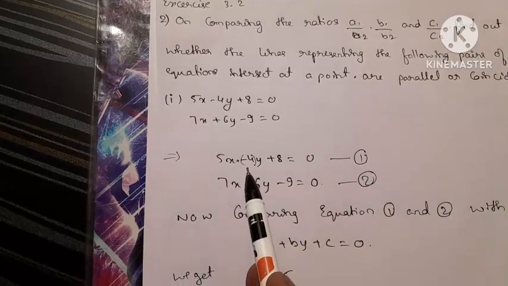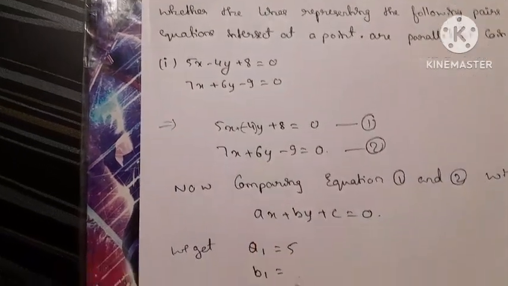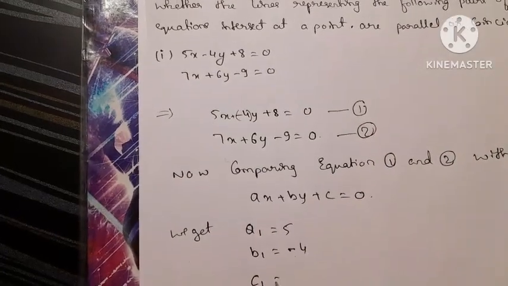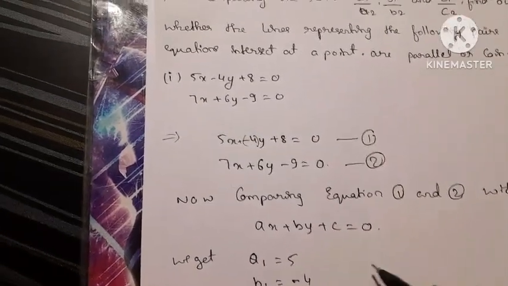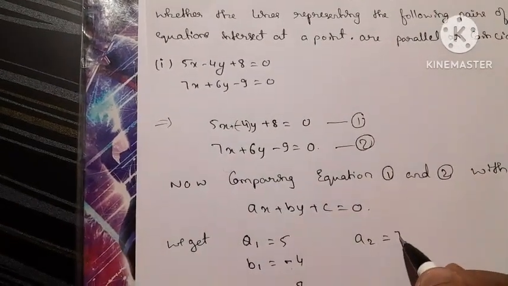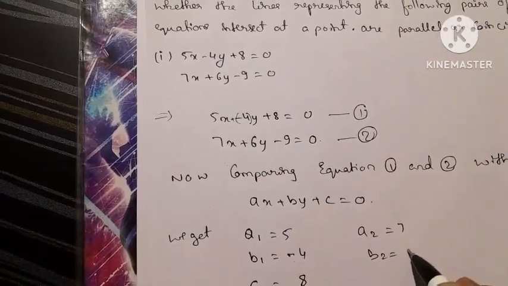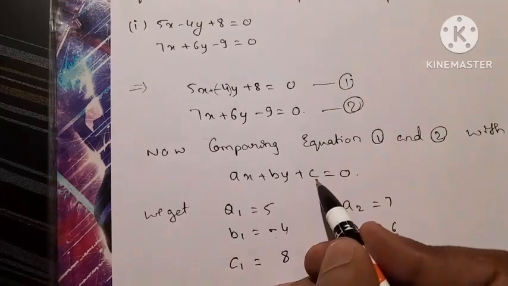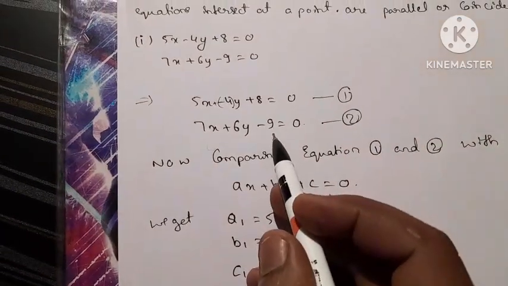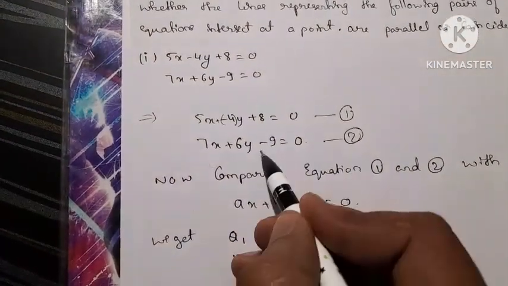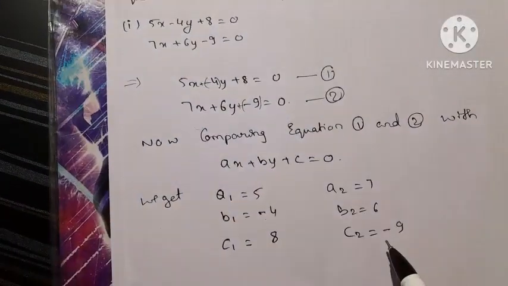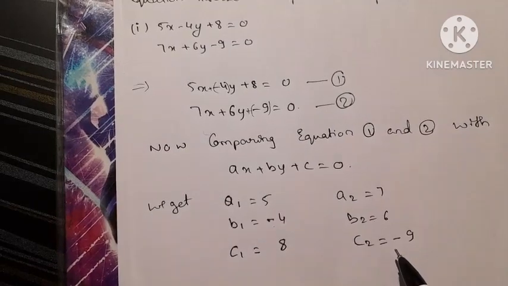So we get b1 as minus 4 and c1 is equal to 8. Similarly, a2 is equal to 7, b2 is equal to 6 and c2 is equal to minus 9. Compared with the standard equation, plus c, we should get a plus value, so we take plus into minus 9, which will be minus 9. We got a1 b1 c1 and a2 b2 c2.